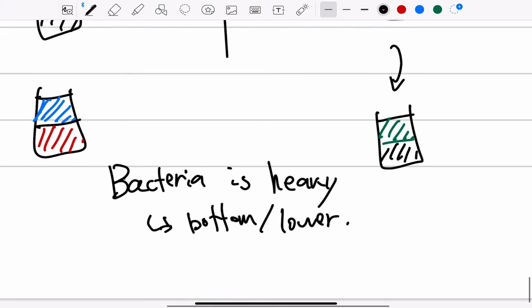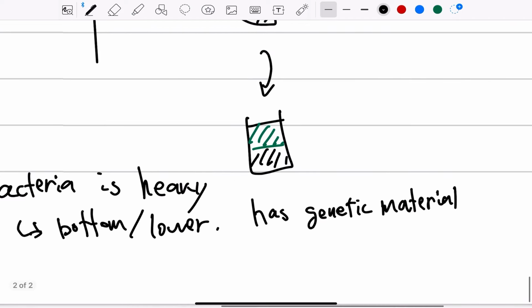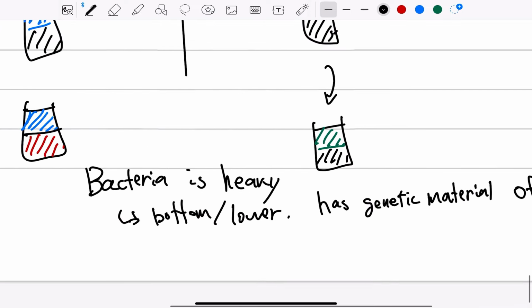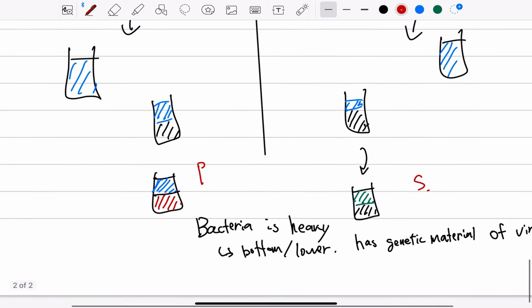And that this has genetic material of virus. And we labeled them with phosphorus and sulfur.